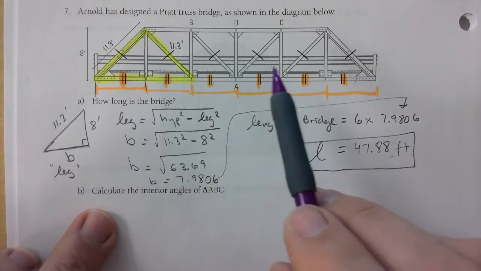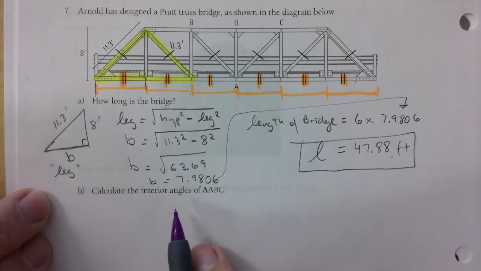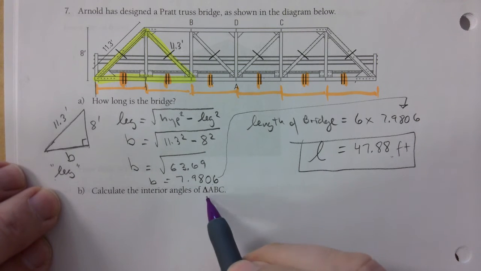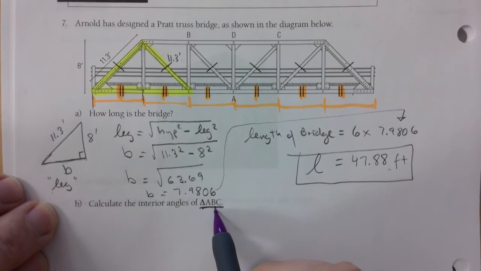There was a similar question like this on the provincial exam a couple of years ago. It wasn't exactly the same, but the same idea behind it. Calculate the interior angle of triangle ABC. And you need to be comfortable with this notation. Let's go find triangle ABC.